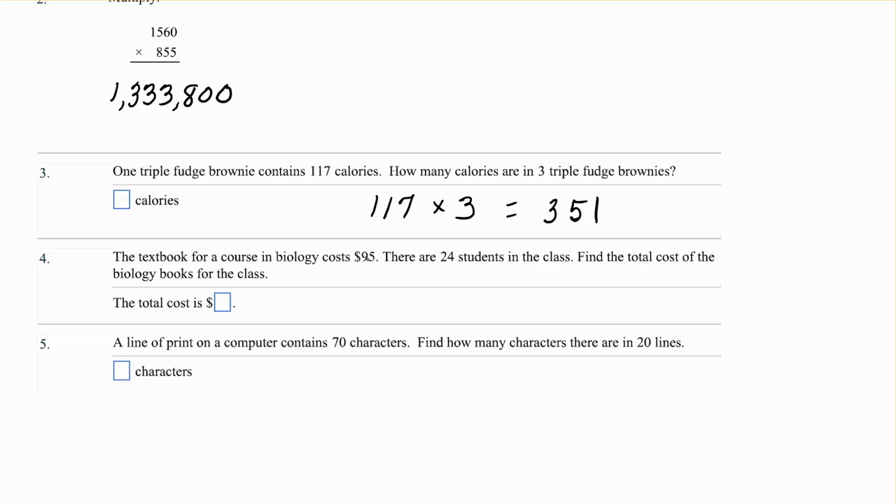There are 24 of them, so it's going to be 95 times 24. I've cleared my calculator. 95 times 24 equals 2,280. I'm going to double check that by clearing. 95 times 24 equals 2,280. That's the total cost.